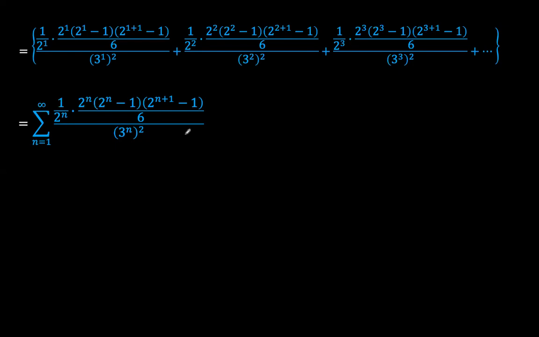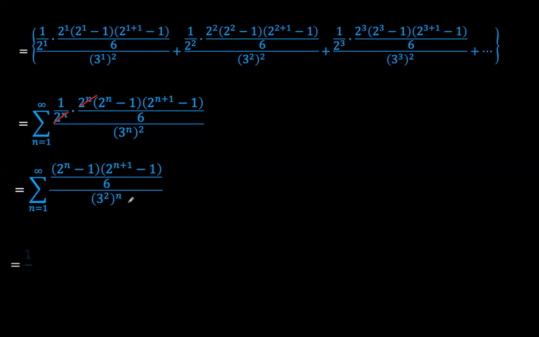So if we compute this sum, this will give us the summation of the quadratic terms, the squared terms of our integration. So since this would cancel with that, we are left with 2 to the power n minus 1 times 2 to the power n plus 1 minus 1 over 6 over 3 squared to the power n.